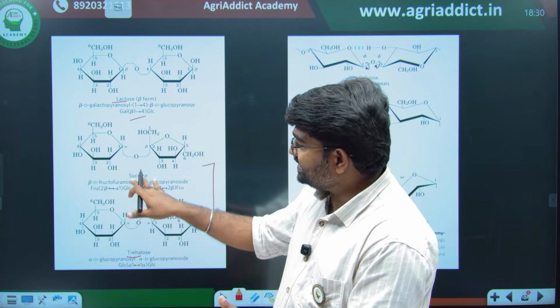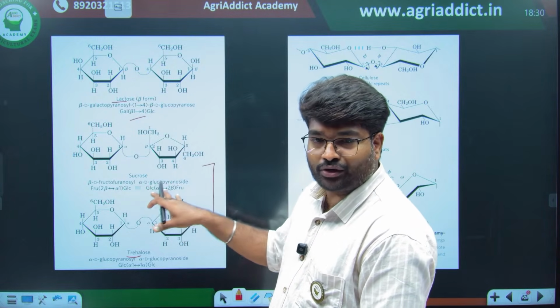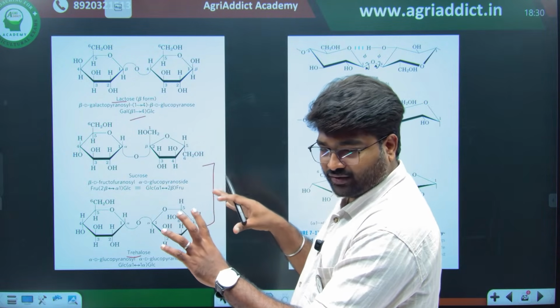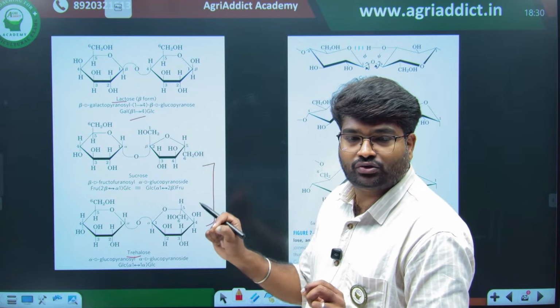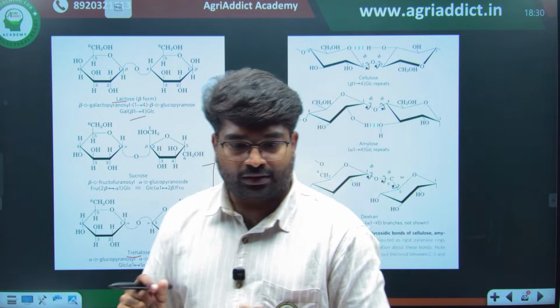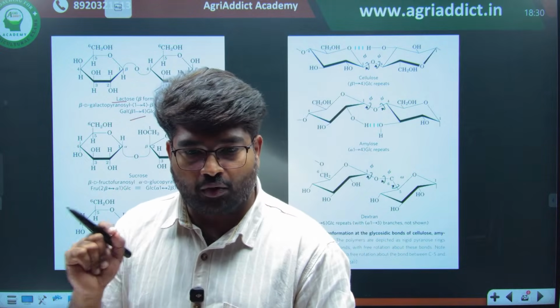In sucrose, the linkage is alpha beta 1 to 2 between glucose and fructose. In trehalose, glucose and glucose are joined together by an alpha 1 to 1 linkage.